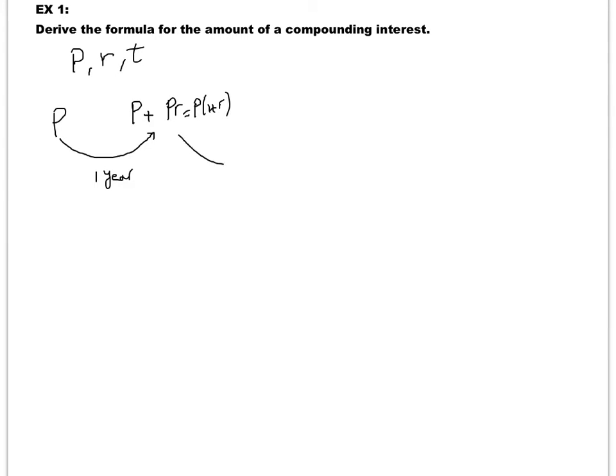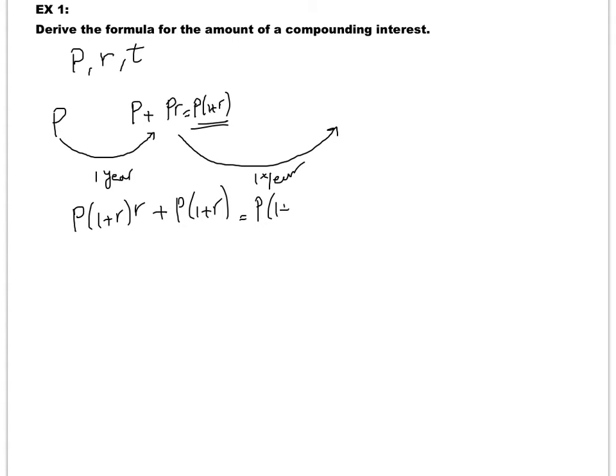Let's say another year has passed. So 1 more year has passed. Now you have to find the interest on your initial investment, which is P times 1 plus R. Now to find the interest on this one, we are going to multiply this by R. So I'm going to get P times 1 plus R times R. And then you add it to the initial investment now, which is P times 1 plus R. Now if you look here, P times 1 plus R is common.